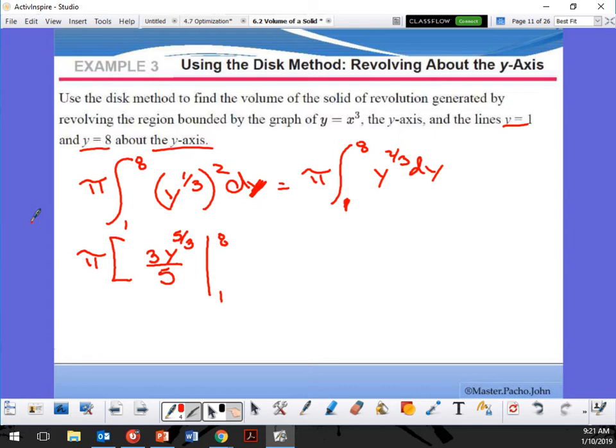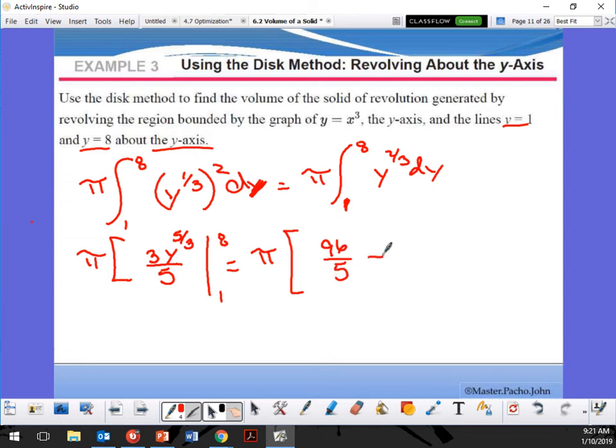Are we okay still? Okay, so let's see. This is going to come out to, put my pi on the outside. The cube root of 8 is 2. 2 to the 5th is 32. 32 times 3 is 96/5.